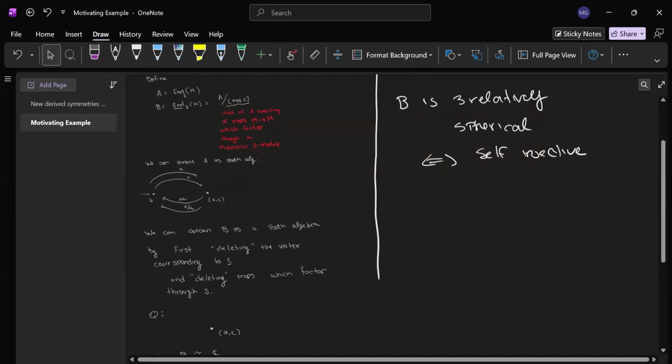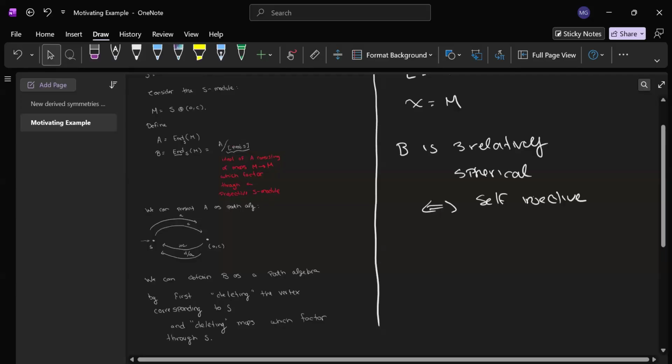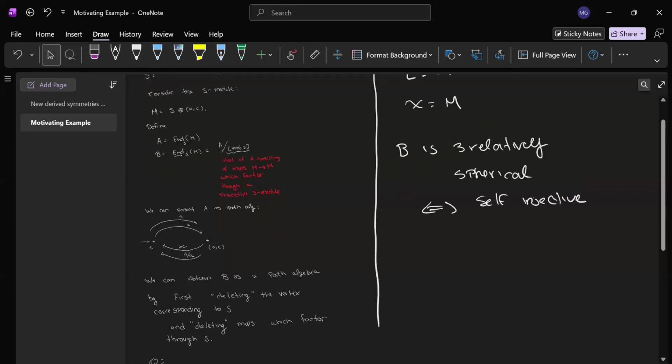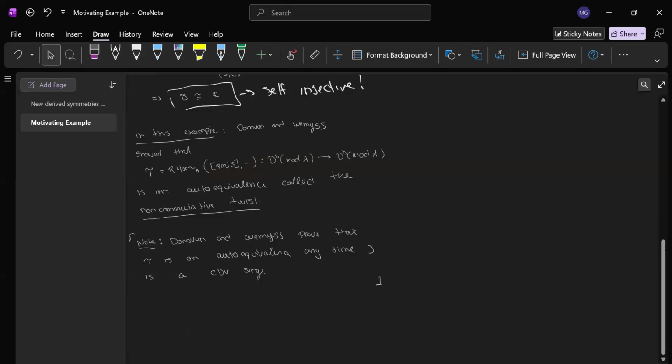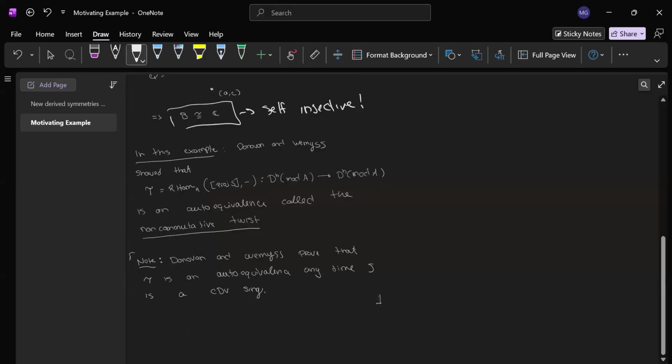But we computed what B was, right? We computed that B was isomorphic to C, so B is self-injective. Okay, so now we have that B is 3 relatively spherical, and we can apply this theorem that I just introduced to recover this result of Donovan and Wemyss that in this setting, this functor T that we talked about is an equivalence.